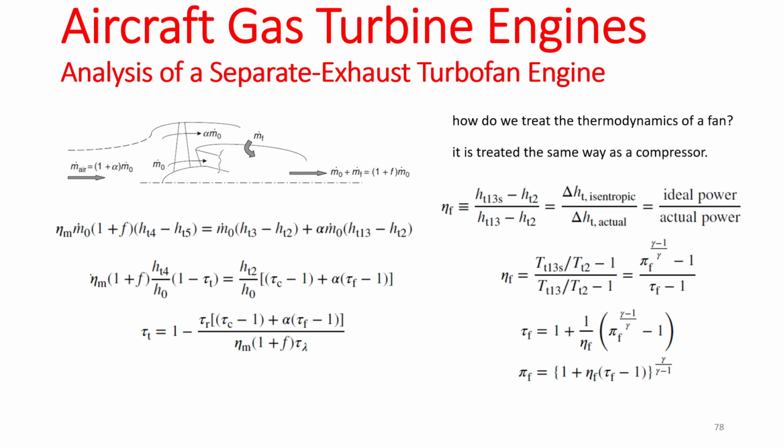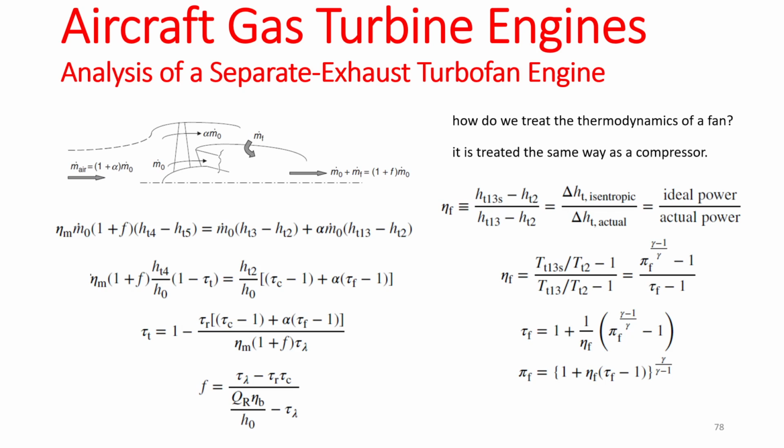Because the combustor is at the stage where the engine core hasn't seen the effects of the presence of the fan around it yet, right? So we can use the previous equations we have had for the regular turbojet engine to find the F, which is of course a function of tau lambda, tau R, tau C, and the heating value and the efficiency of the burner, all of those things. We have seen this equation many times before.